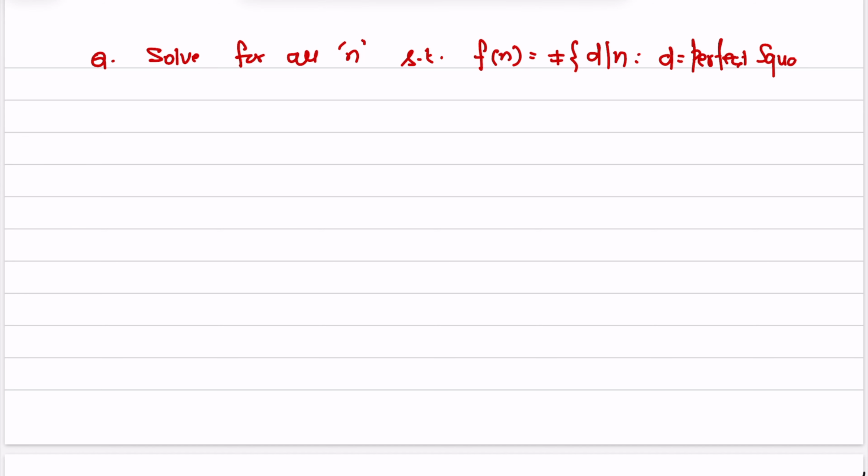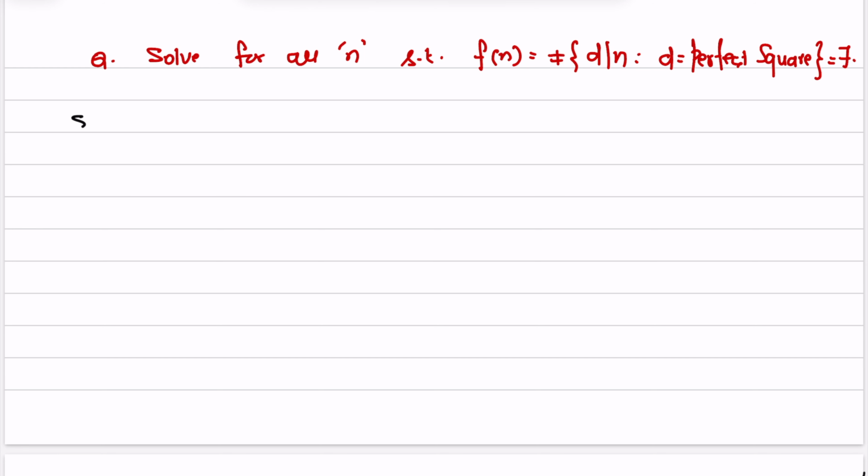Solve for all n such that f(n) is equal to the number of elements in the set of divisors d of n, where d is a perfect square, is equal to 7. This is the question given.